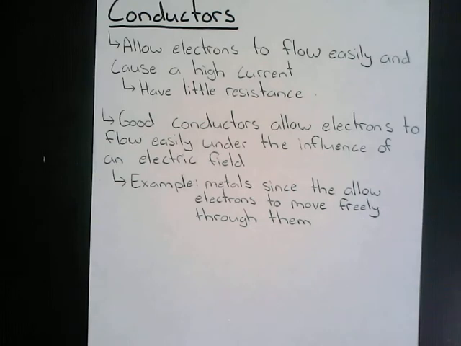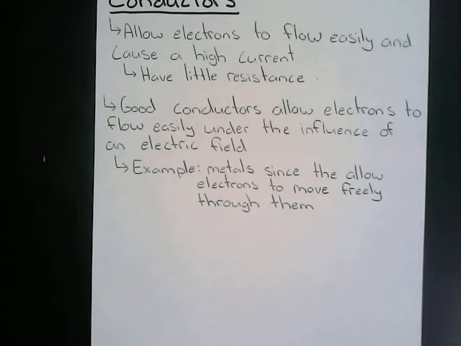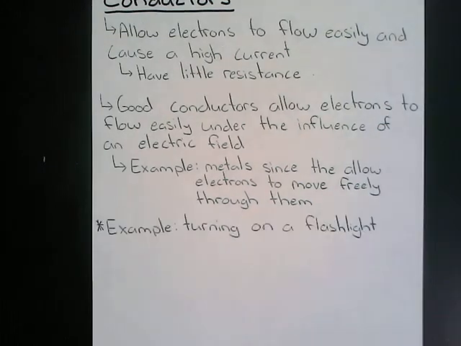So let's take an example and go back to turning on a flashlight and how we can relate it to the resistance within a conductor. When you turn a flashlight on, the light seems to come on immediately.